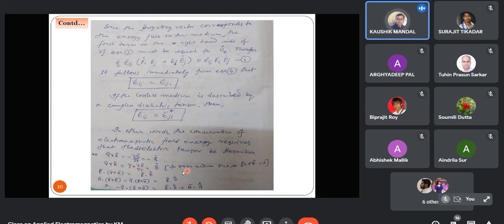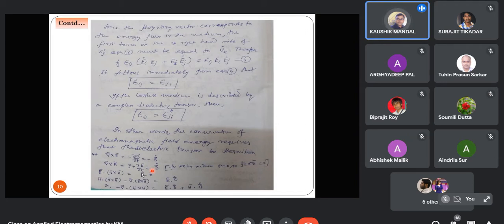As we are considering a lossless medium, sigma is 0, which means J will also be 0, so this term becomes 0. It is only D dot. Now in this equation, if we dot both sides with E, E dot of curl H becomes E dot of the derivative of D, that is D dot.